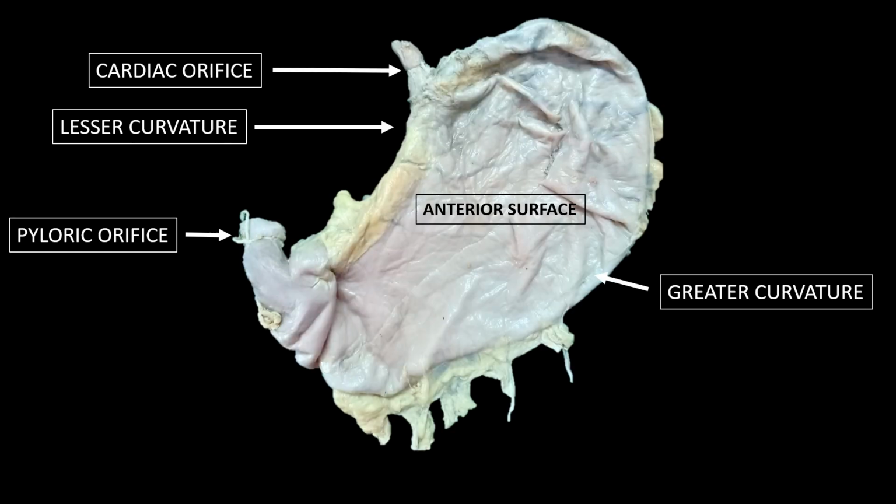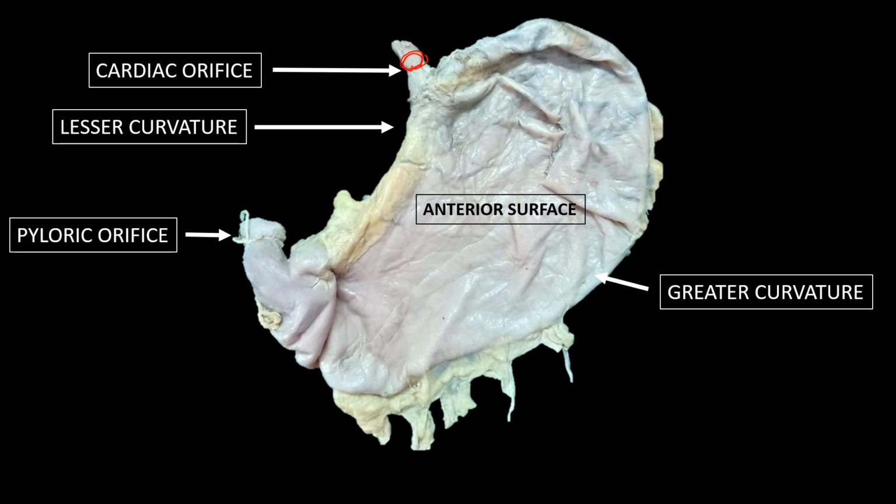Now let's discuss about the external features of stomach. The stomach has two ends. One is the cardiac end, that is also known as the esophageal end. It is continuous with the lower part of the esophagus and forms gastroesophageal junction.